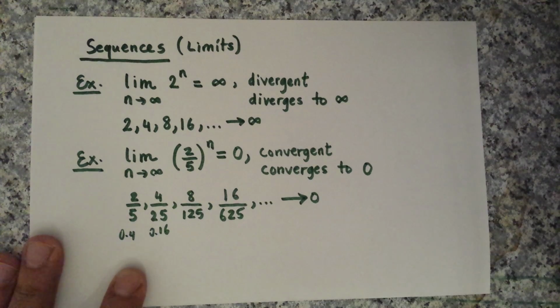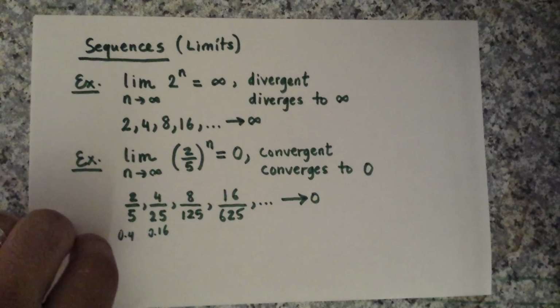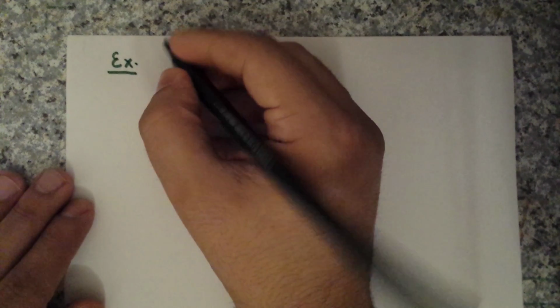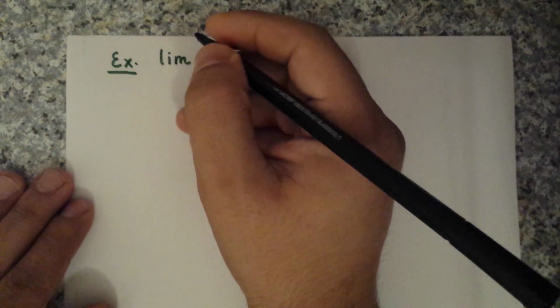So these are the first two examples that we covered. Now the next and last example is about limits at infinity. I'm going to show you a straightforward technique that you can apply.